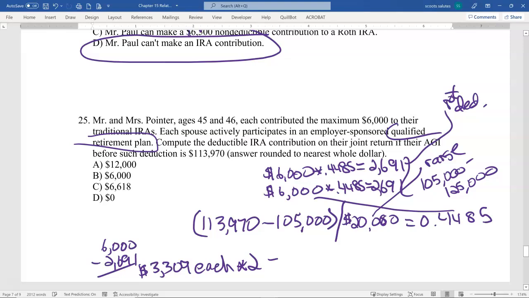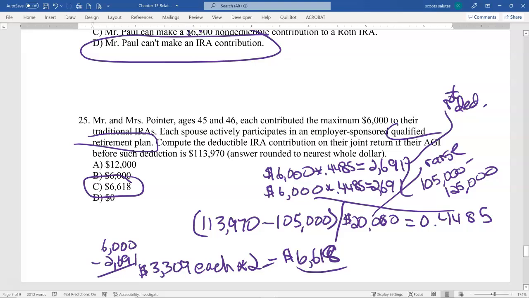So you multiply it by 2. Their deductible amount is going to be $6,618. So that is option C.